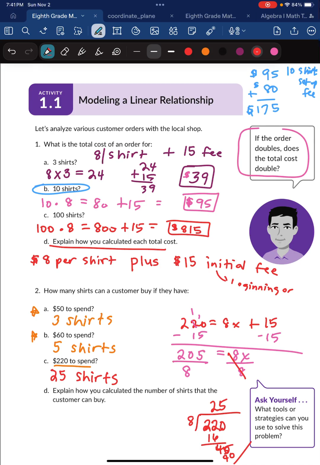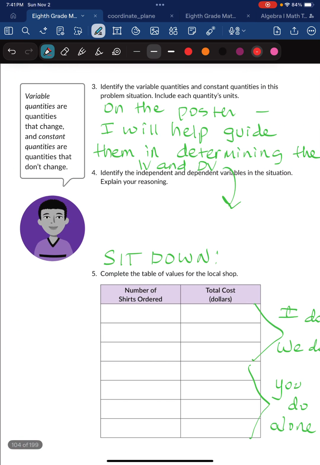Explain how you calculated the number of shirts that the customer can buy. We set up an equation and solved for X. Okay? Let's see what we have on the next page.